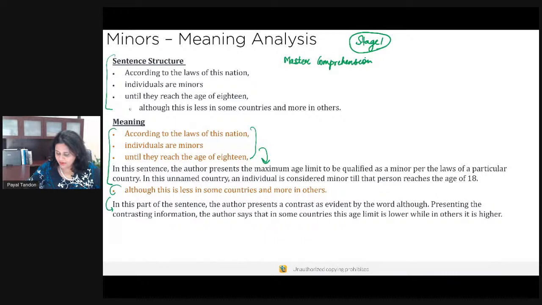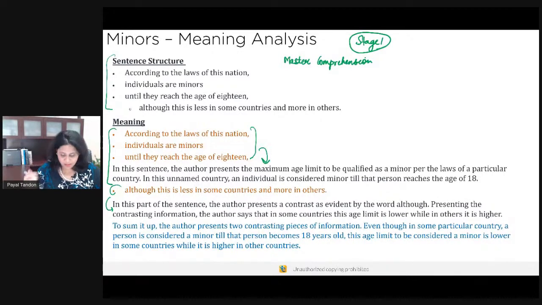Okay. And then after that, we put it all together because we want you to sum it up. So this is a very, very important part. What do you gather from the sentence? What's the summary that you gather? Okay.